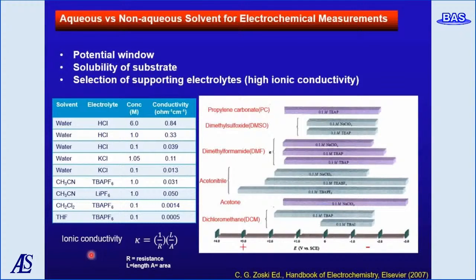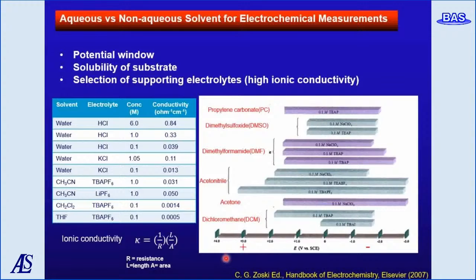When using organic solvent, it is important to consider the polarity of the solvent, the temperature range of the liquid, the redox range, the acidity and basicity of the solvent, and the solubility of the analyte and supporting electrolyte. In organic solvent, high ionic conductivity after dissolving the analyte and supporting electrolyte is important.